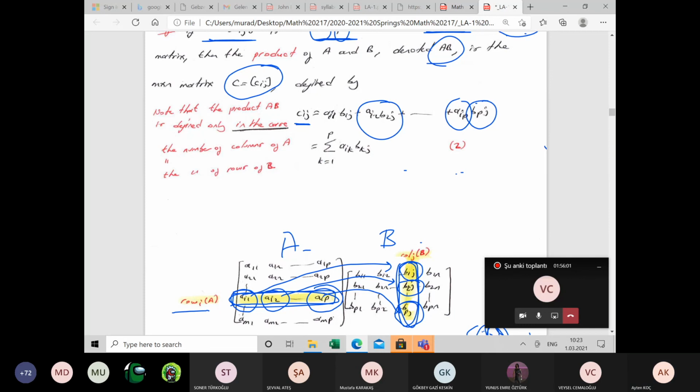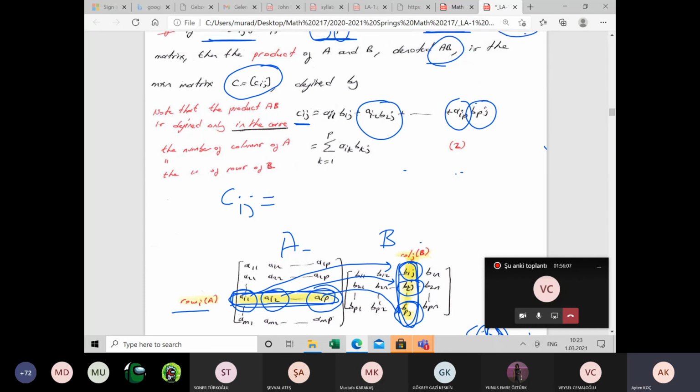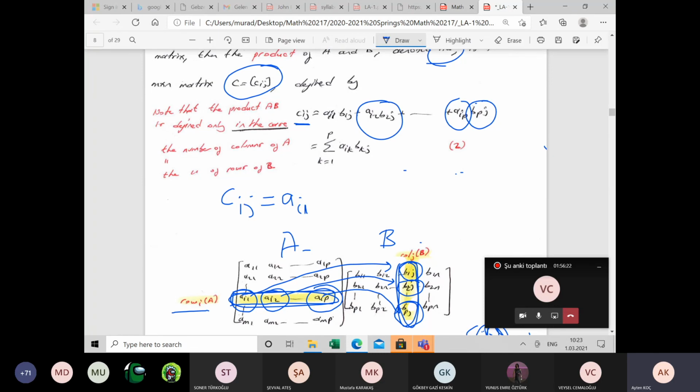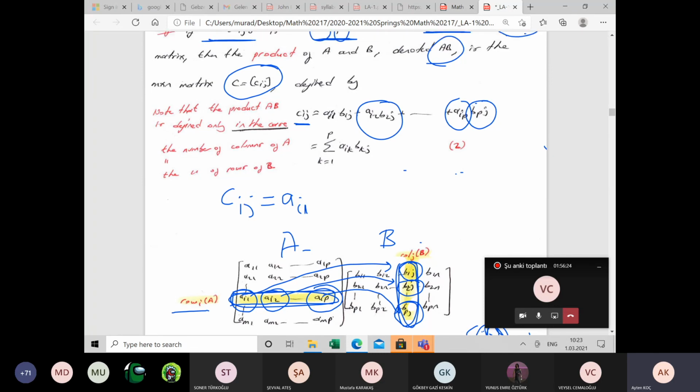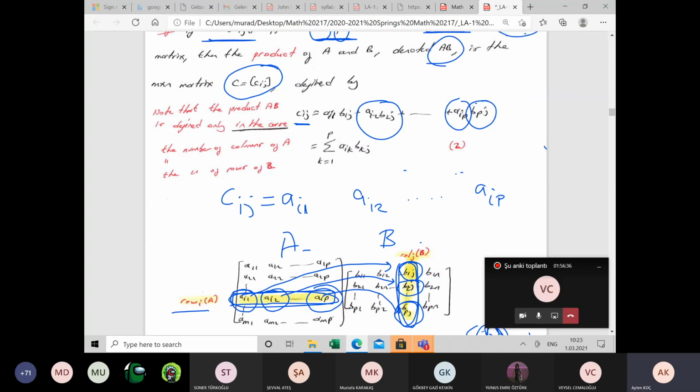What is Cij? First, write all entries of the ith row of A: the first entry A sub i1, the next entry A sub i2, and the last entry A sub ip.